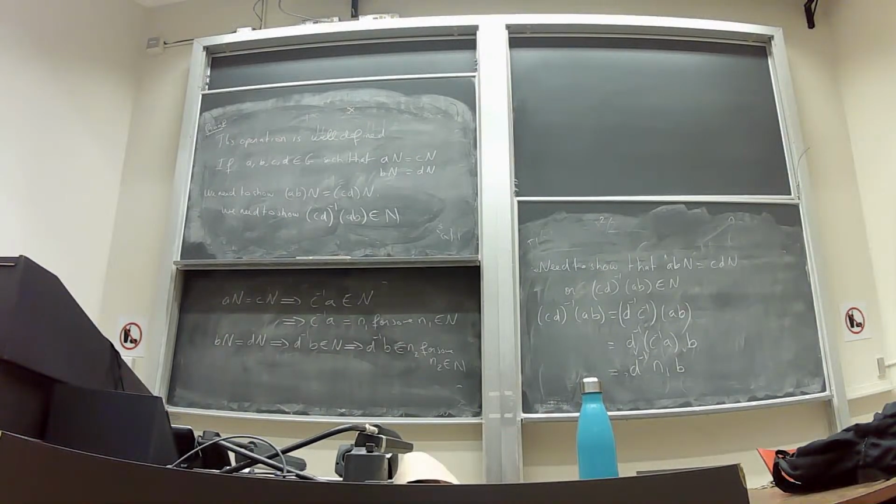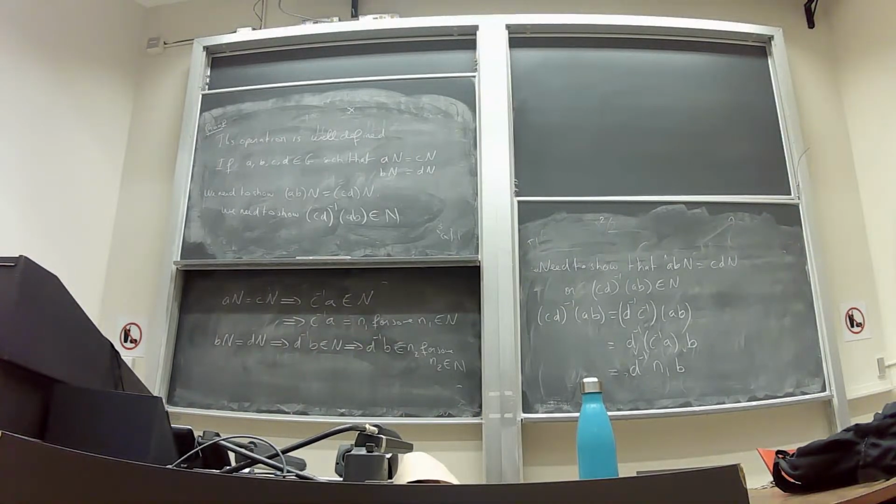Now, how do I deal with this? Can you conclude B and D have the same inverse or not? If D and B have the same inverse, then D and B are equal. They don't necessarily have to be.